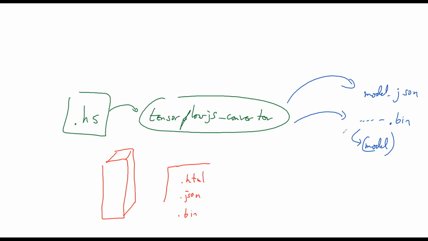You have to move these two files there, plus your HTML. Remember, your HTML is the one that also has TensorFlow.js, similar in concept to how, when you have an HTML, you have JavaScript, you have jQuery, and all these other things. So that's the basic pipeline.